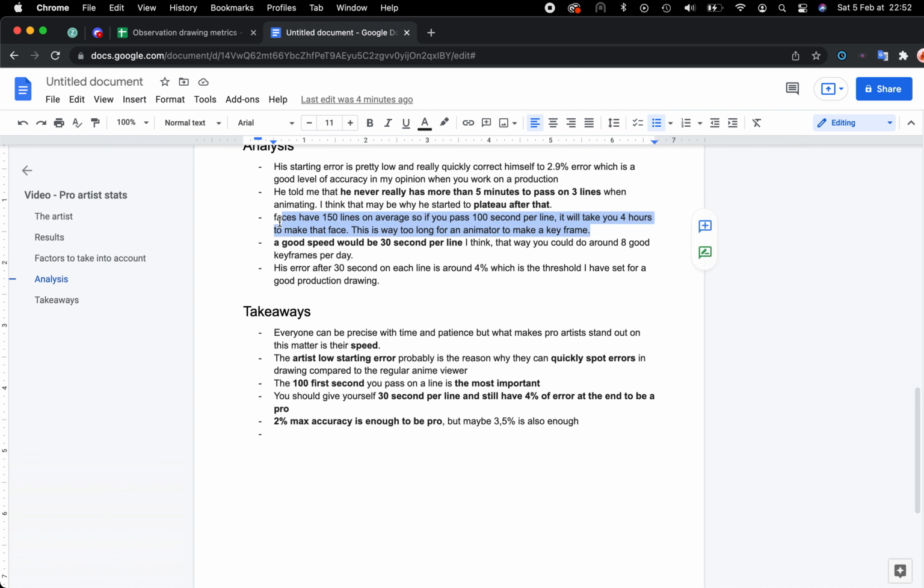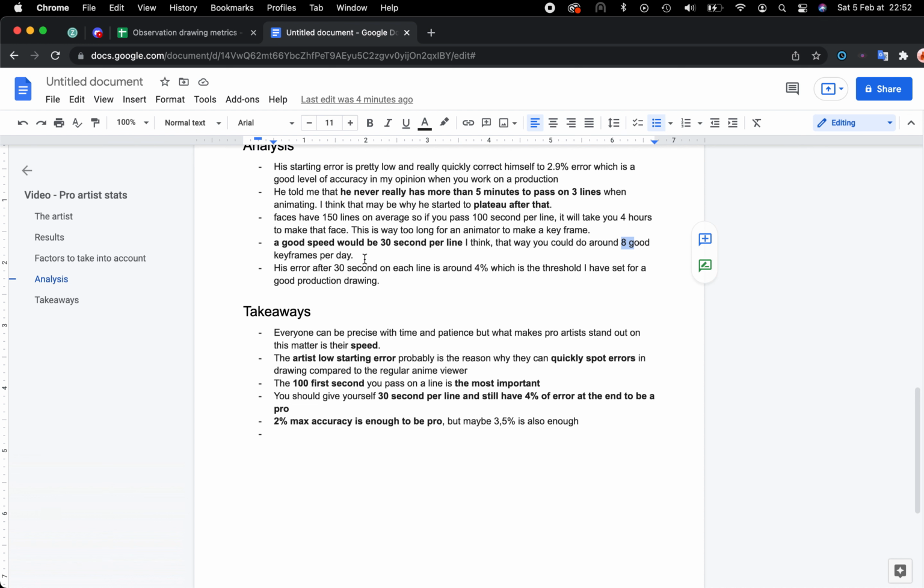It's quite long. A good speed would be 30 seconds per line, because at 30 seconds per line, you could do this face drawing in an hour, and that way you can do 8 keyframes per day, and 8 keyframes per day as an animator, I think it's okay.